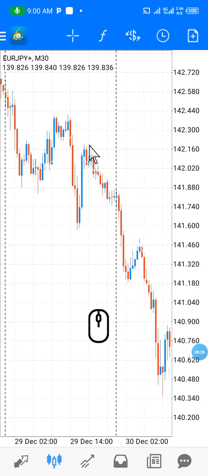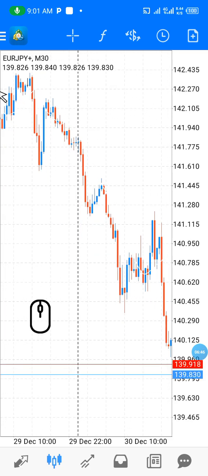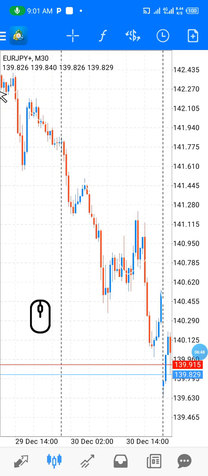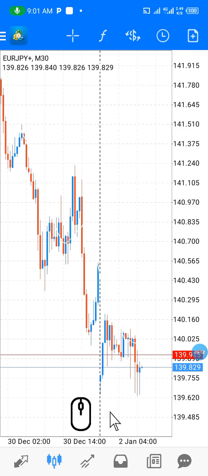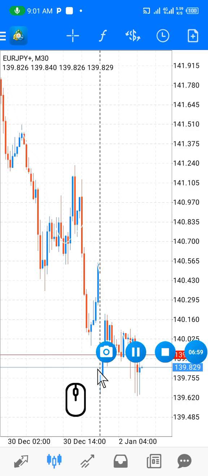Rallied up, giving us a lower high. The same thing happened here. This is our lower low, our lower high, our lower low, and we got another lower high down to this point, which is our current low in the market.